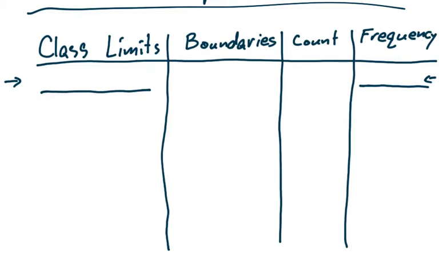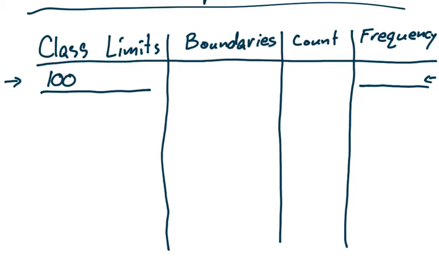So what we're going to be doing is starting with the lowest value. We've got 100, right? The class limits are a little bit different. These are not actually going to touch. The class boundaries are bordering on one another. So they're not actually going to overlap, but the upper and lower are going to be the same for consecutive classes.